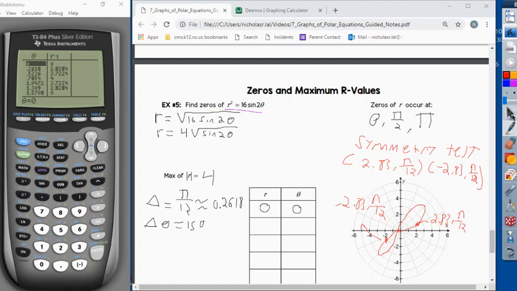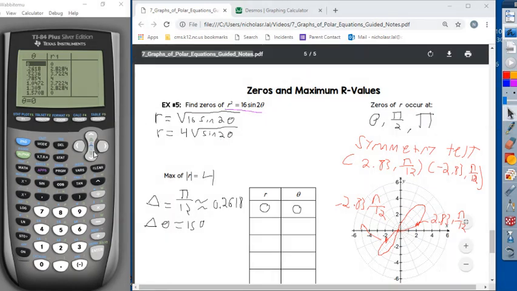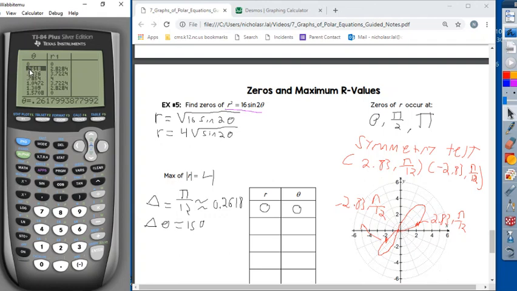And this is based on, look, if we go to our table value, if we move up 1 pi over 12, our R value is about 2.83. So this is just an example of showing some symmetry here.